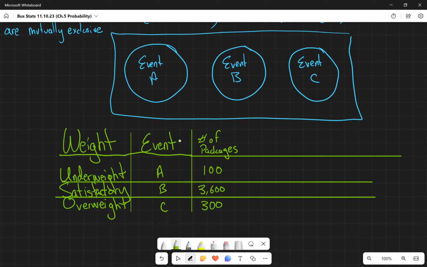So we know by adding all of these up that there were a total of 4,000 packages filled in the last month. And so now we need to figure out what the probability of each one of these events occurring is.